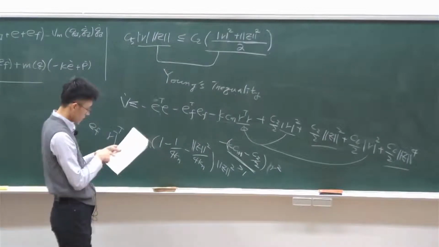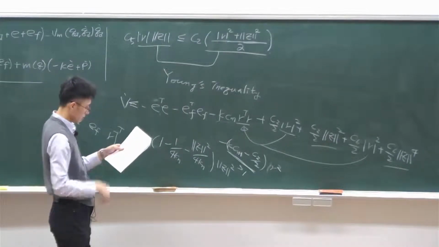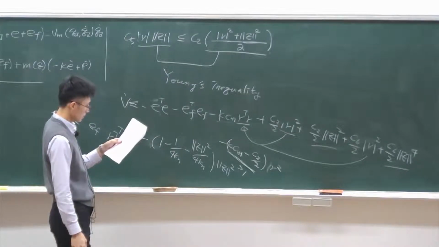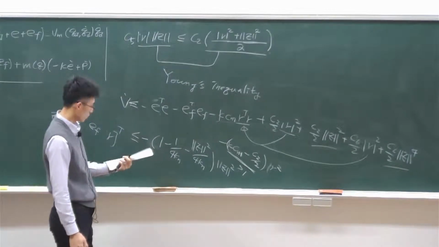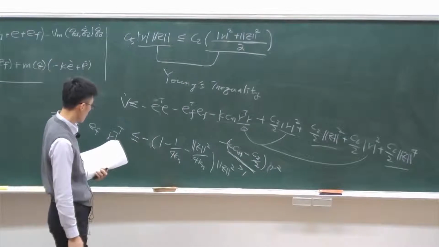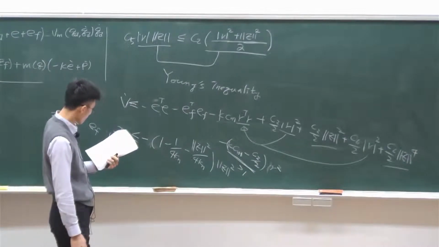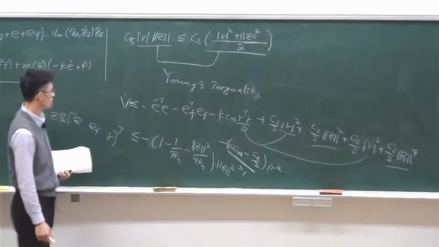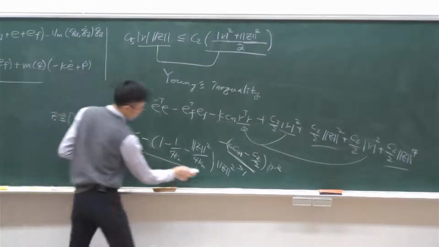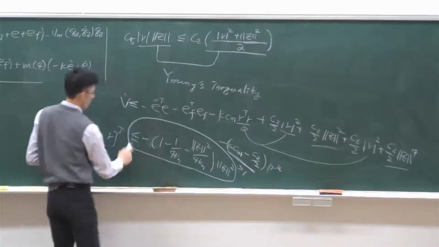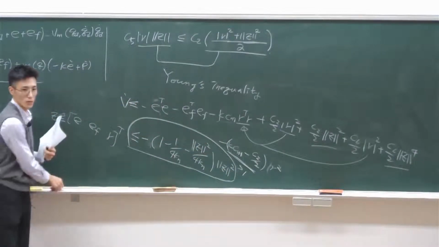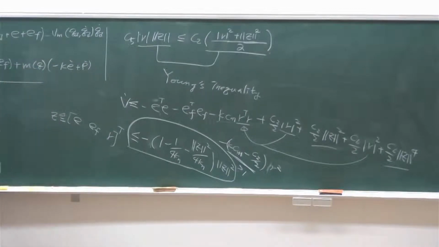Kn is coming from the control gain K, okay, from the bottom of page 4. So what does this mean? Is it global condition or is it semi-global condition?